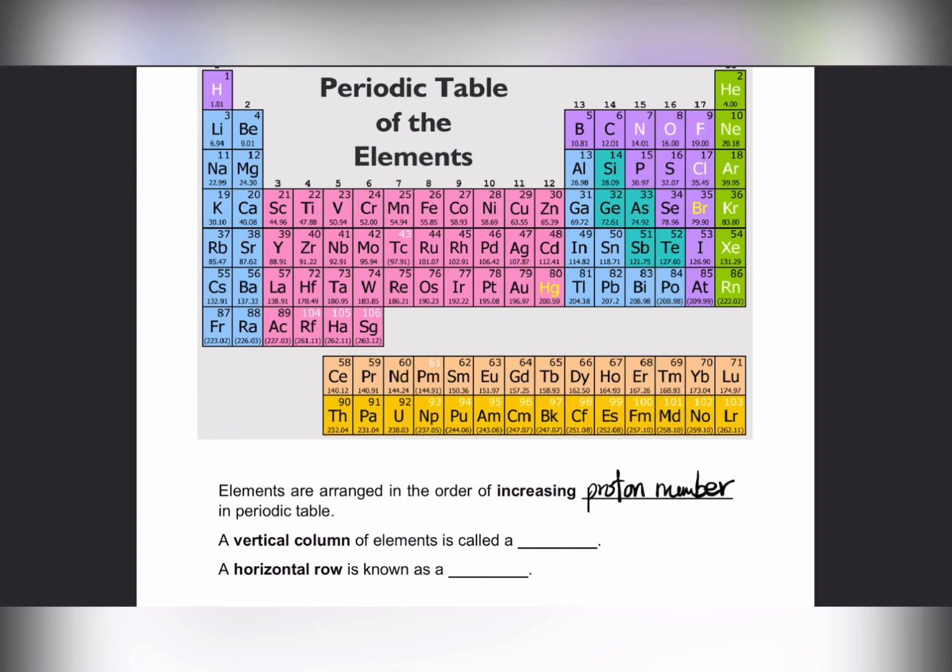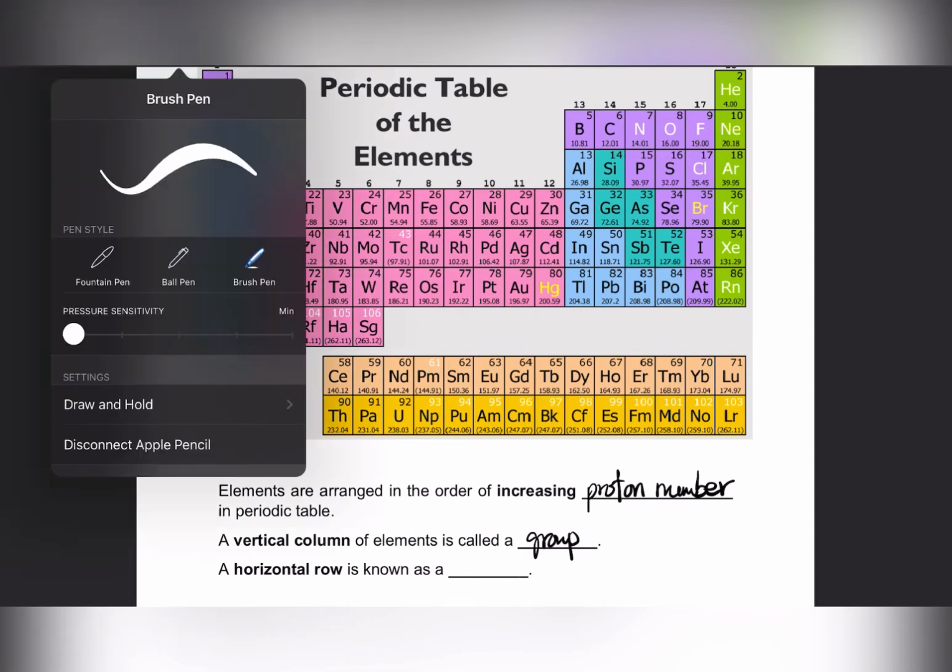Next, the vertical column, for example from hydrogen to francium or helium to Rn, is what we call a group. And the horizontal row, for example from lithium to neon, is known as a period.